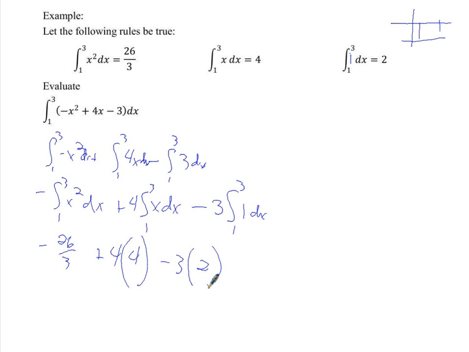So, add them all together and you get your answer. This is 16 minus 6. And then I got this negative 26 thirds. So negative 26 thirds plus 10. So that's 30 thirds. So I have 30 thirds minus 26 thirds. So it's 4 thirds.